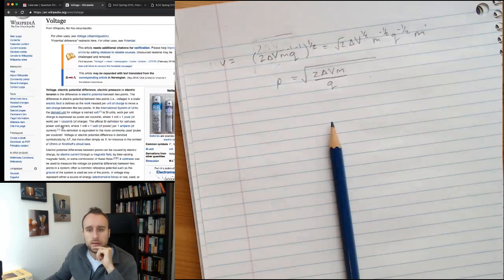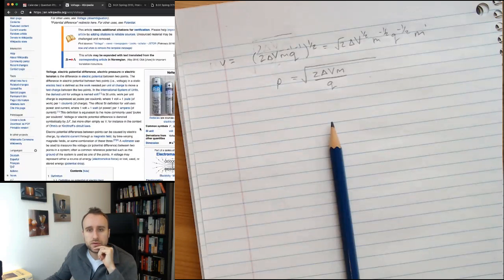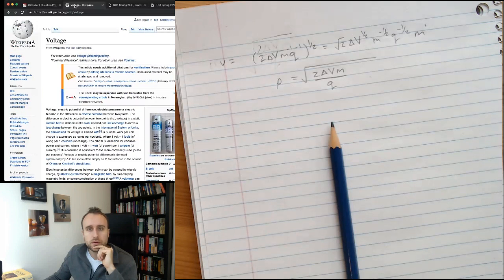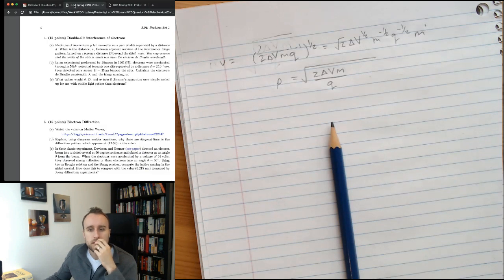Voltage is in joules per coulomb. It is joules per coulomb, right?